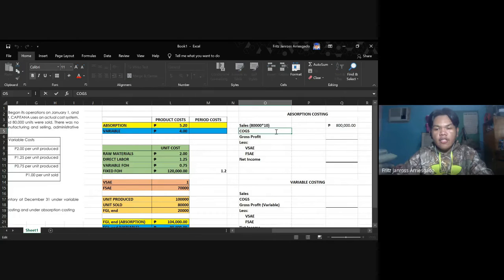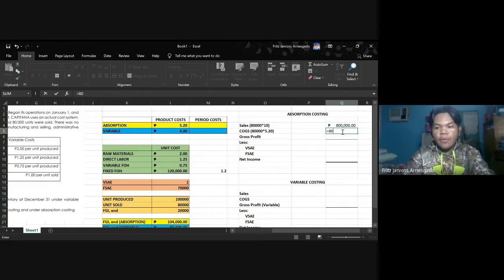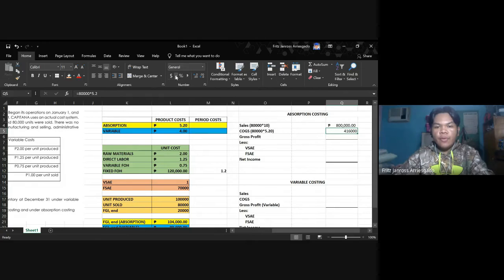For your cost of goods sold, here I've only used the shortcut way. Your total units sold, 80,000, times your product cost for absorption, which is 5.20. So your cost of goods sold is 416,000 pesos.